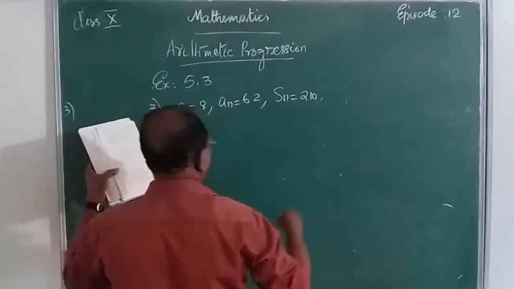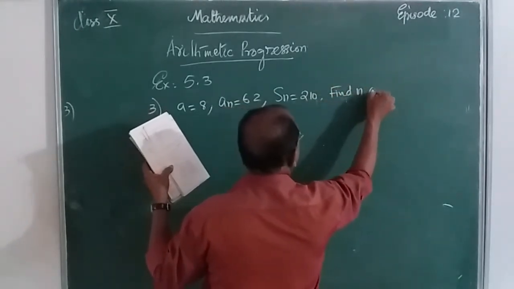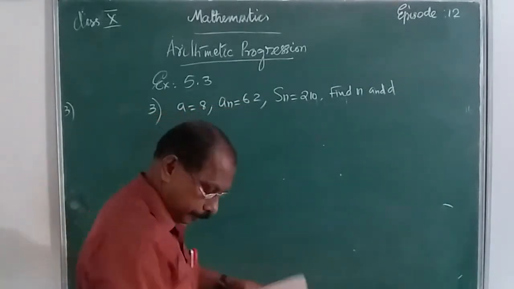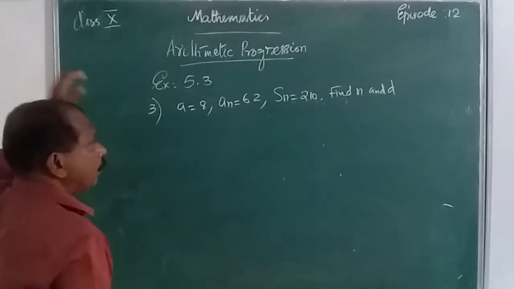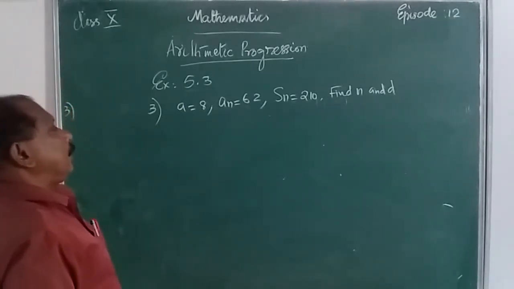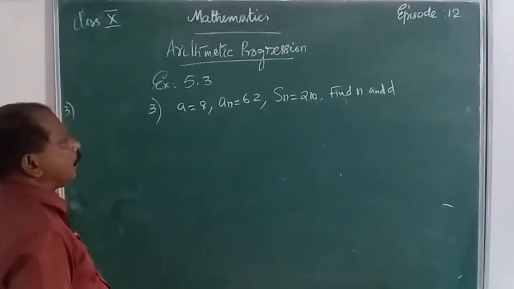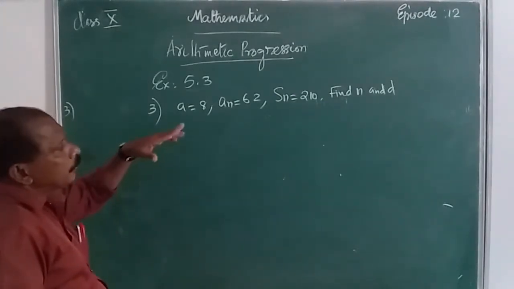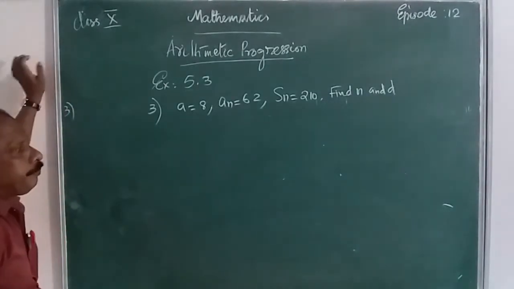Find n and d. Find n and d. Okay. Then an is 62. Sn is equal to 210.